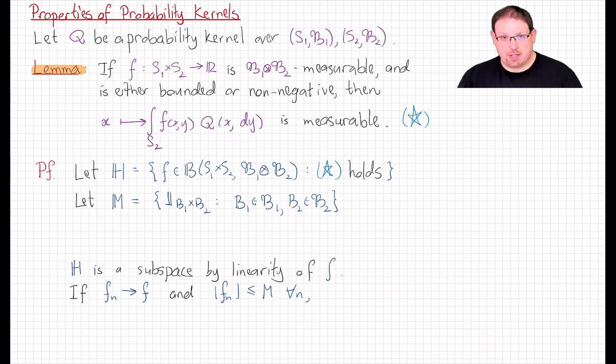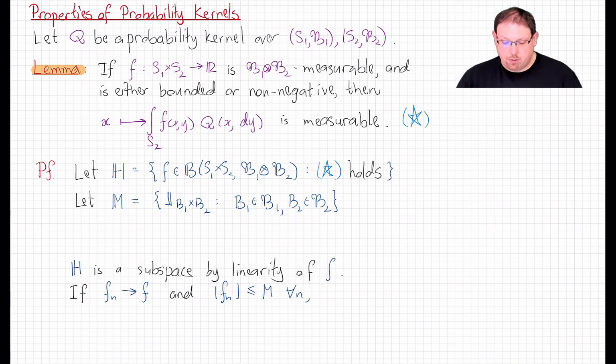So here's our first lemma. If f is a function of the two state space variables, taking real values, that is measurable with respect to the product sigma field, and is either bounded or non-negative, then it makes sense to integrate that function against the probability variable part of our probability kernel.